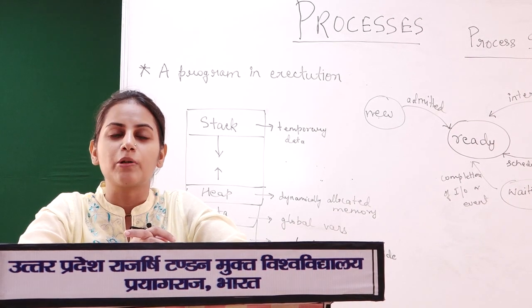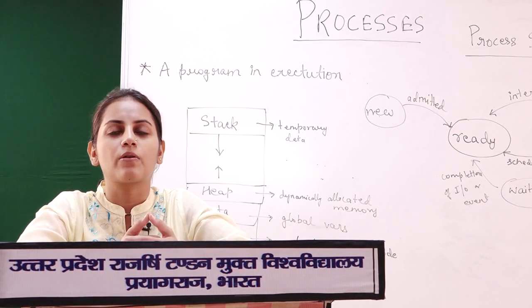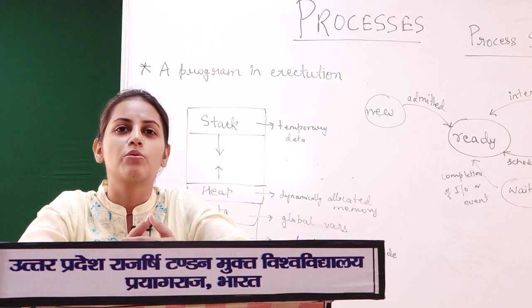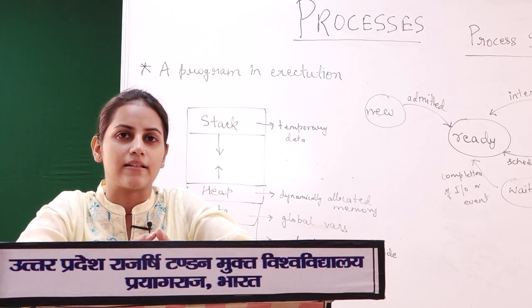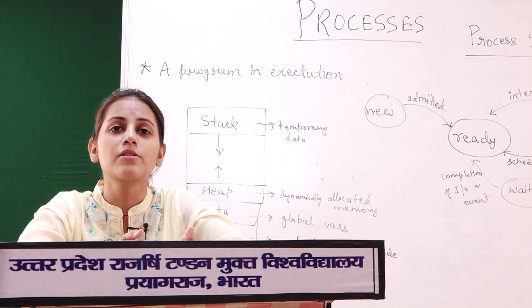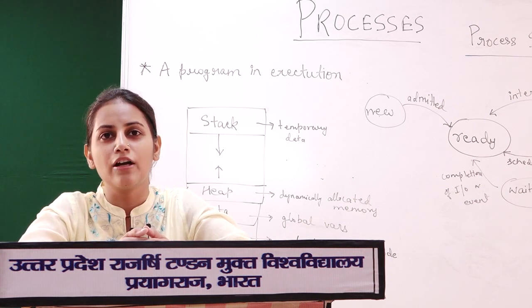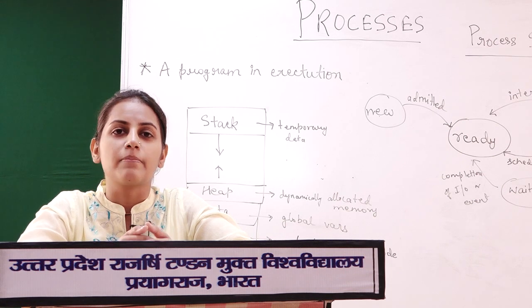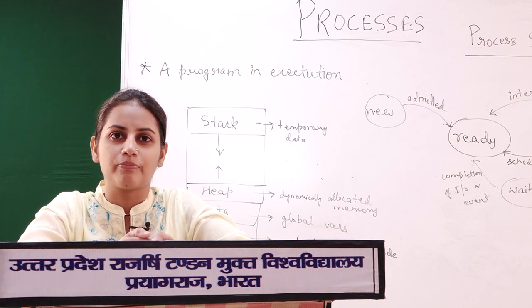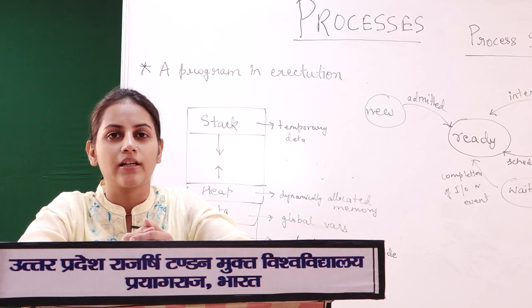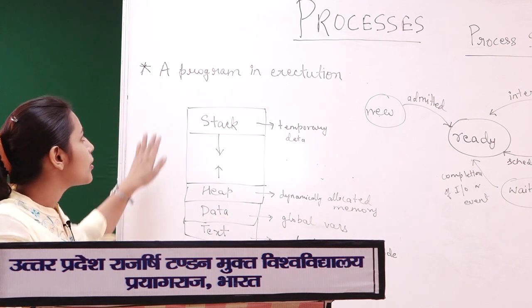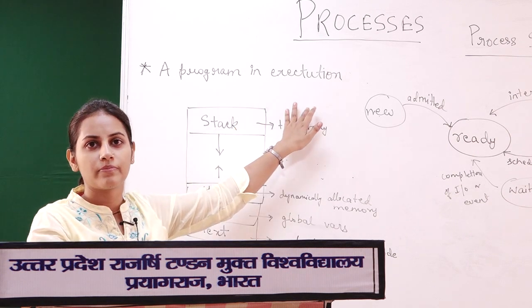So when you write a program, say you write your C program for adding two numbers, it is just a program, a passive entity. When this program is loaded into the memory for running, then this becomes an active entity. This active entity is known as the process. Thus, a process is a program in execution.